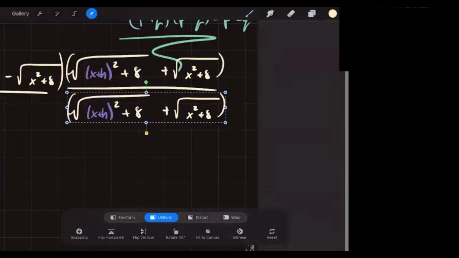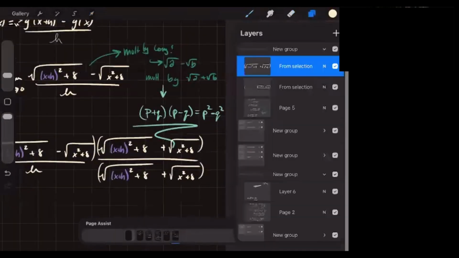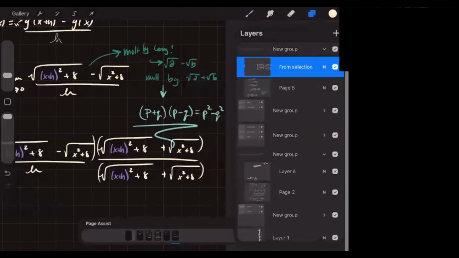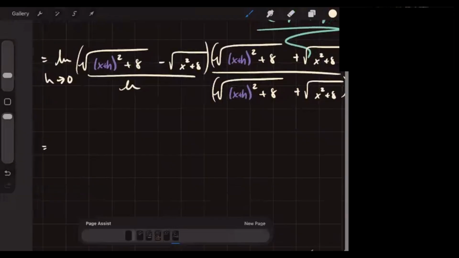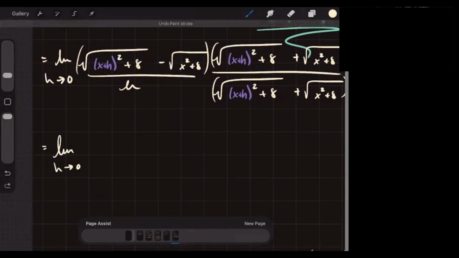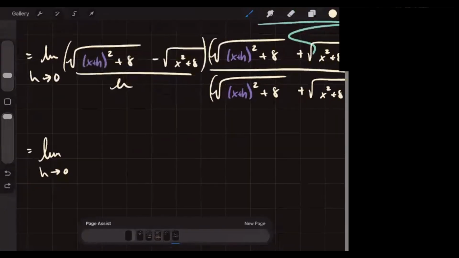And again, I will not do this out because I expect you to know how to do algebra. Okay. And what you should, keyword should, end up with is the limit as h approaches 0 of this squared minus the squared. Okay.